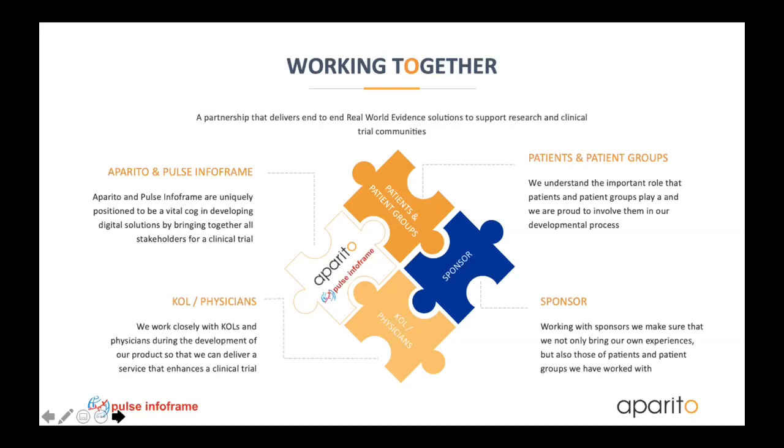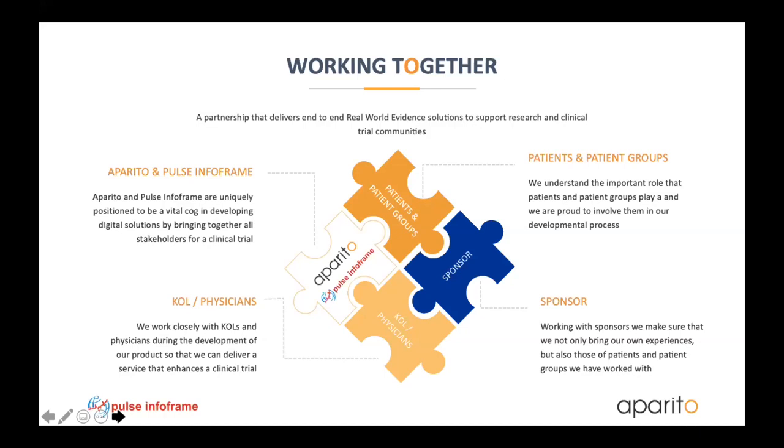And even for us at Aparito, it was one of the key decisions why we wanted to form the partnership with Pulse Informa, because we strongly believe that collaboration and working together and sharing skills, sharing knowledge, and bringing people together is the best way to move the agenda forward.